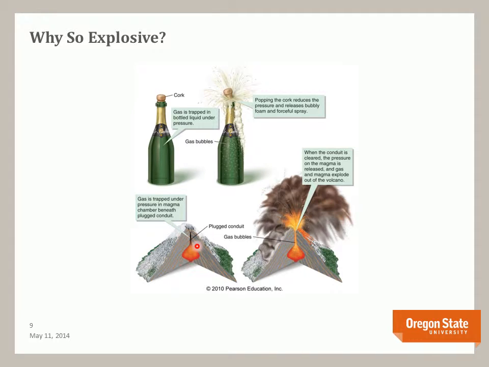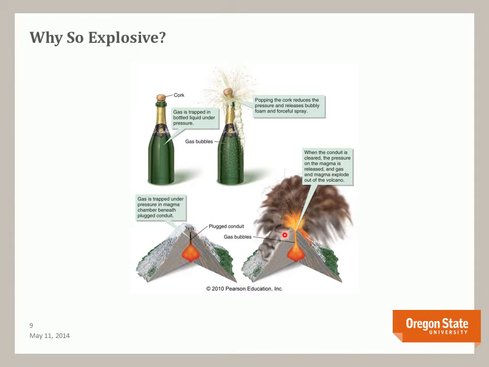So during that time, gas trapped in the magma is under pressure, and therefore there's a buildup of energy within the magma chamber. That is akin to having a champagne bottle with a cork in it, and the gas is trapped in the liquid because it's under pressure.